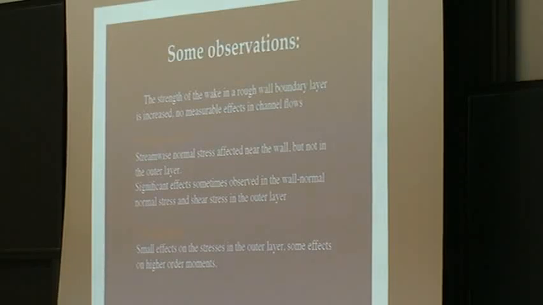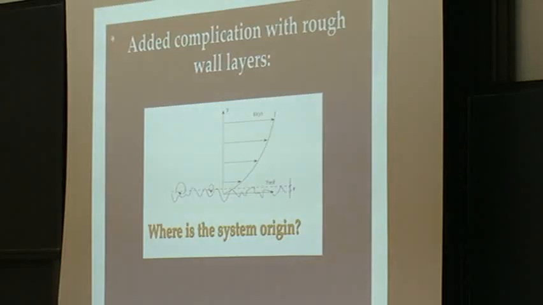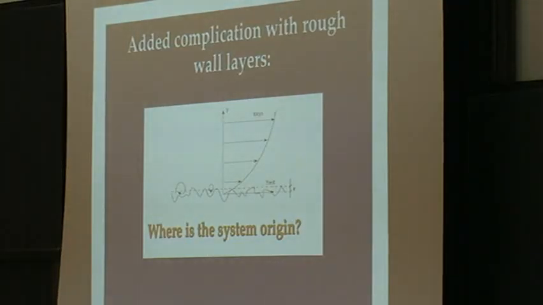So if there is a change in the wake, it's much harder to detect it in the channel flow than in the boundary layer, where you have a wake which is about 3 or 4 times as strong. So it could be a question of observation, but it could be that there are real differences between boundary layers and flows in enclosed geometries.